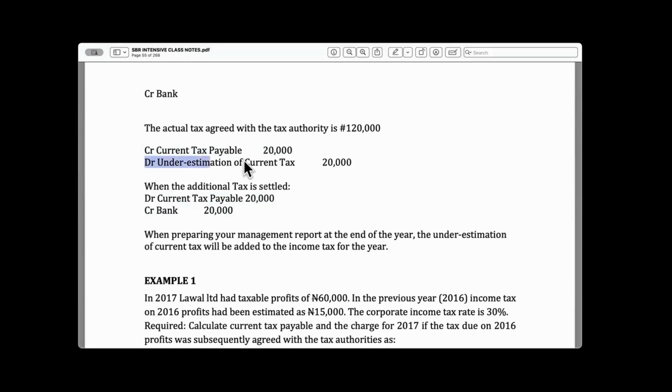So what do you then do with this additional expense, these debits? The best you can do is to go and add it to your income tax of 2025. That is what we do to it. This is what is common, this is what is realistic.